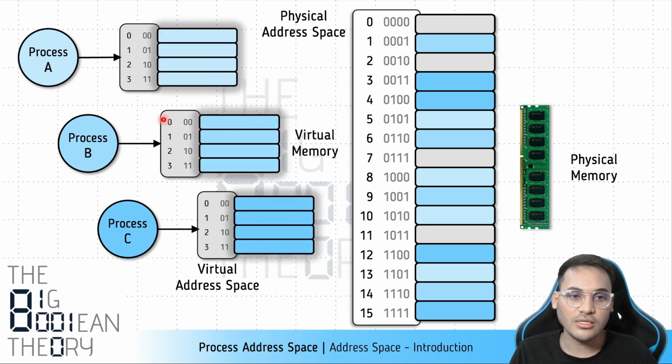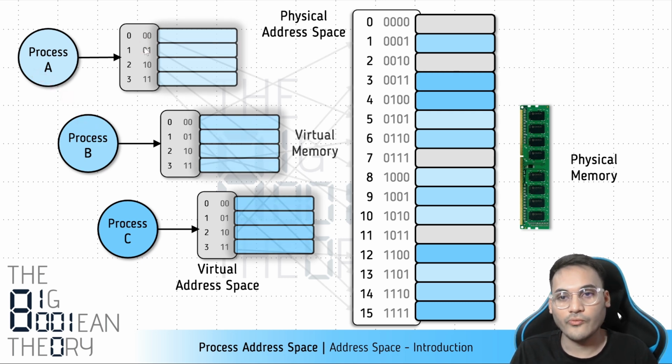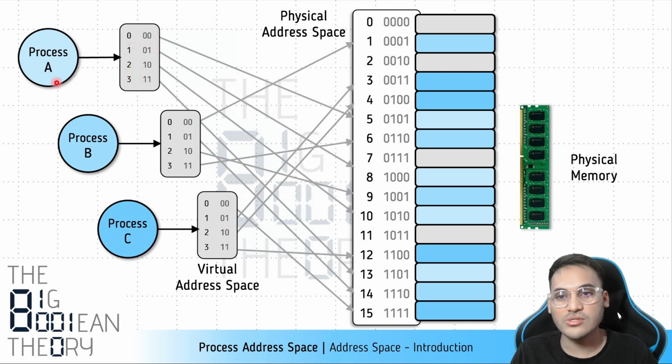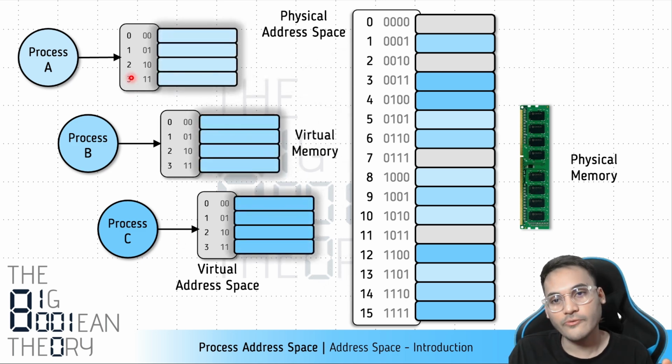Basically, now if you see, each of the processes can only access its own data, right? Via these virtual addresses, process A can only access its own data, same for process B and for process C. So the virtual address spaces in a way give a subset, or a limited view, of the physical memory to each of the processes.